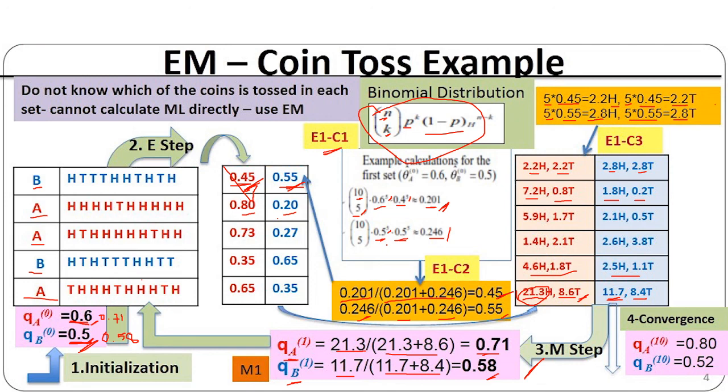Once we repeat that, if in consecutive results there are no changes, that means we have calculated the correct probability. So that will be our final step after completing all these steps. So here we will get the probability for coin A getting head, which will be 0.8. Again for coin B, the probability of getting head is 0.52.